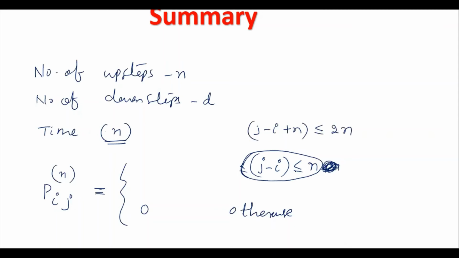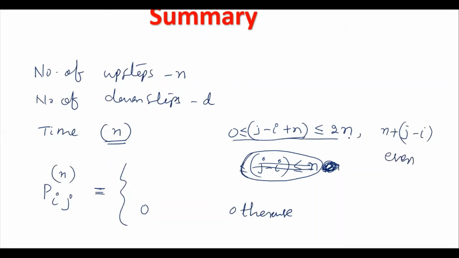You add n on both sides, because this should be positive. In one line we can write this, otherwise you have to write this one and this one separately. And n plus j minus i is even.